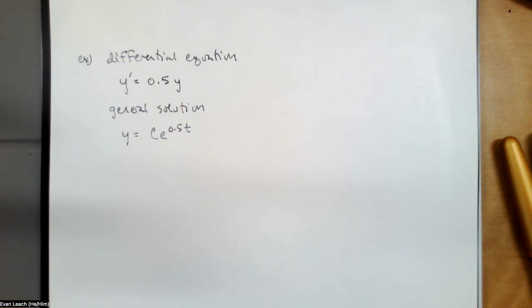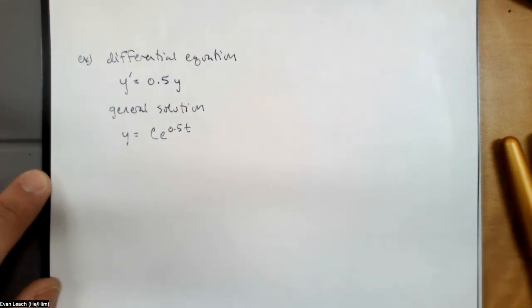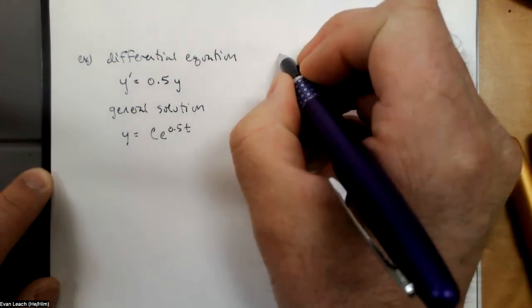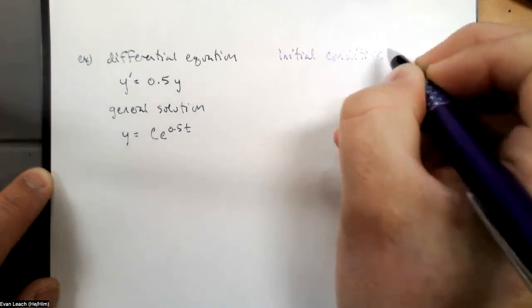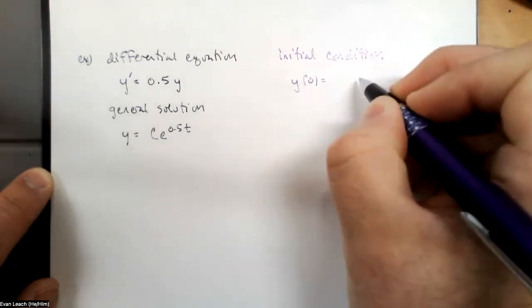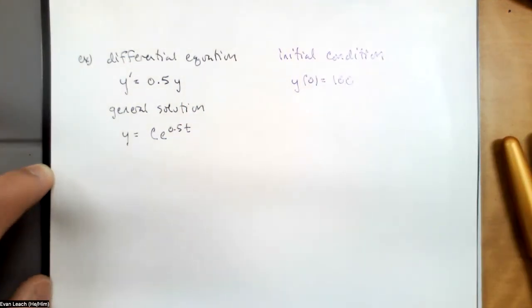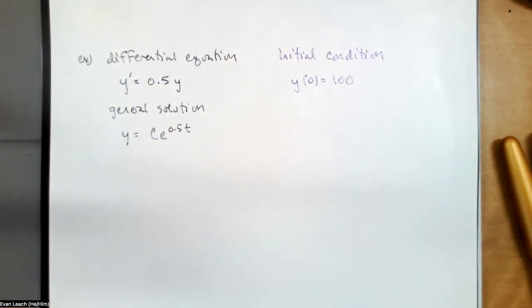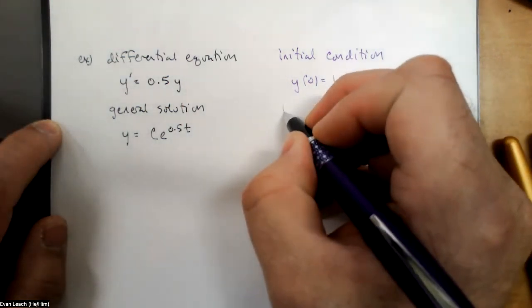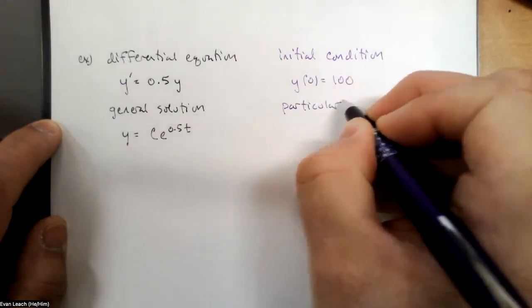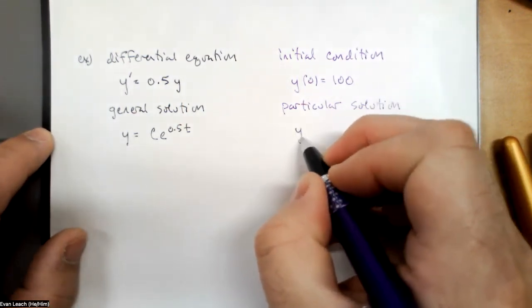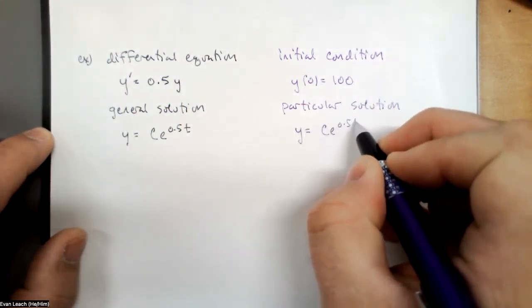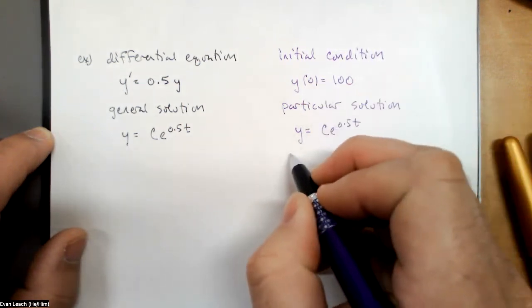If we have an additional piece of information, we can use the initial condition to figure out the constant. So if t is 0, y is 100.